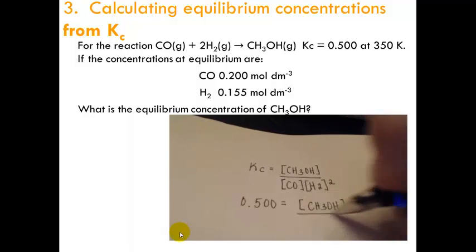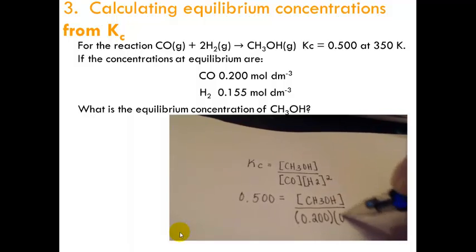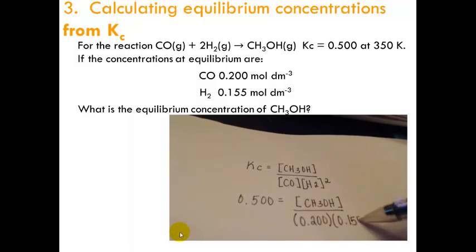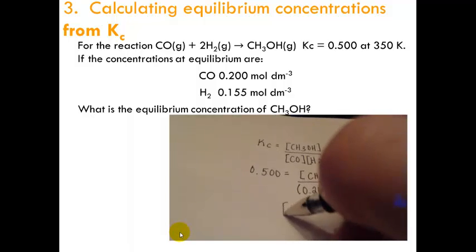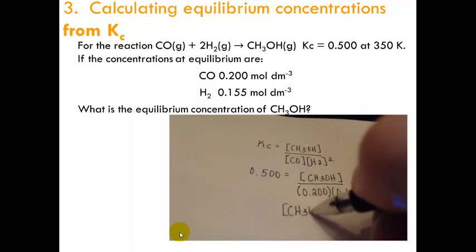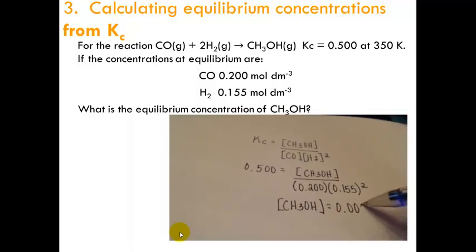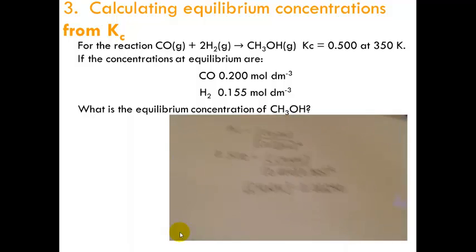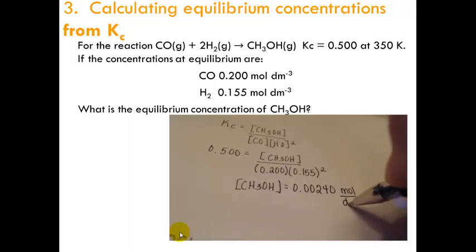But we do know that CO has a concentration of 0.2 molar, and H2 has a concentration of 0.155 molar, but remember that's squared. So now all we have to do is plug into our calculator and solve for CH3OH, and you should get a concentration of 0.00240 molar, so moles per decimeter cubed.